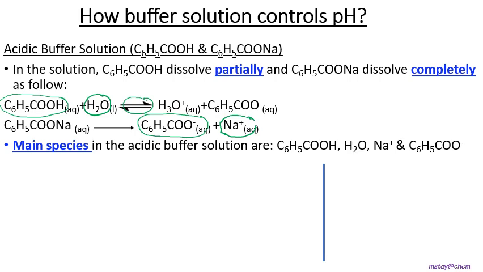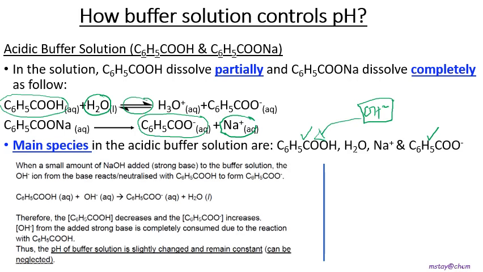Among these four species, only benzoic acid and benzoate ion will affect the pH value. When a small amount of OH- is added, the OH- will react with benzoic acid to form benzoate ion and also water.